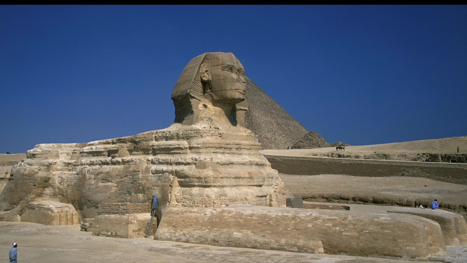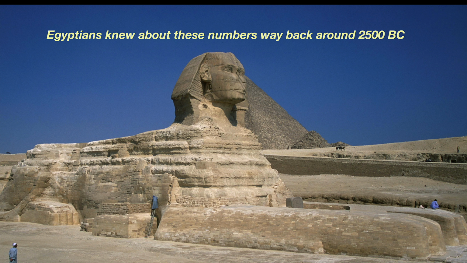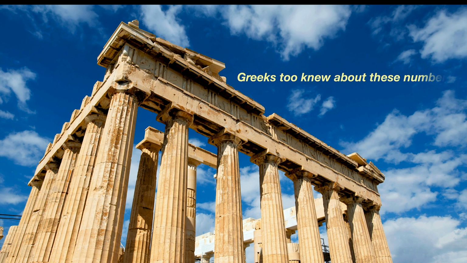Whatever we are going to learn today, understand that humans found out about these numbers a long time back. Egyptians knew about these numbers around 2500 BC, almost 4500 years ago. And not just Egyptians, even Greeks knew about these numbers.